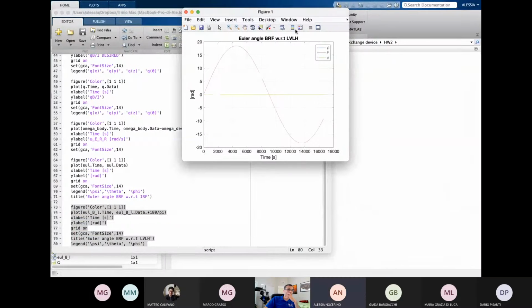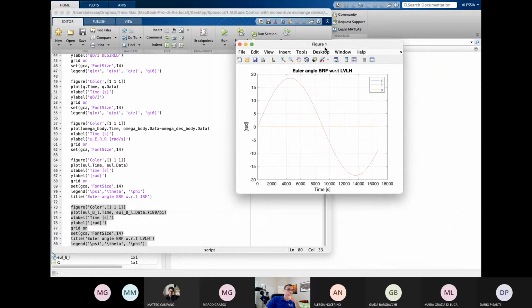So it's not going crazy at 90 degrees? No. Okay, that's pretty good. That makes sense. It's three orbits, and of course these are degrees and not radians.